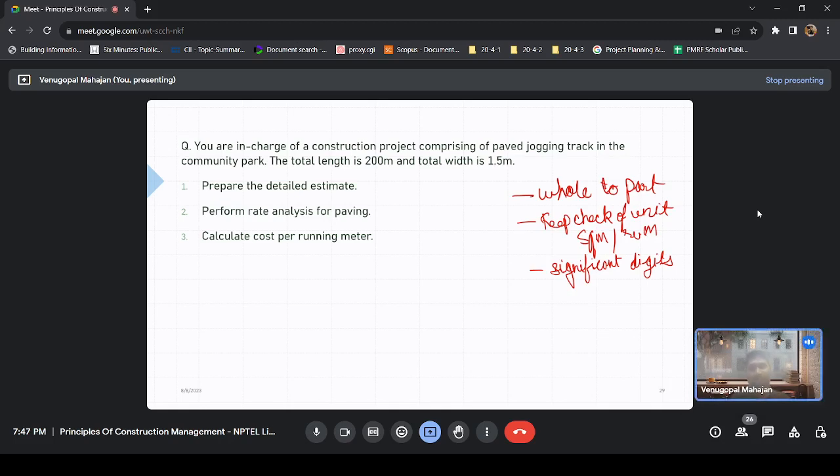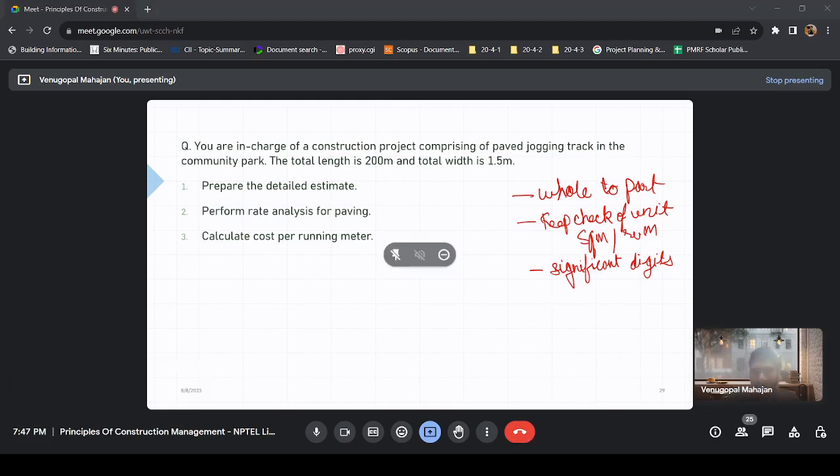Guys, try to make this quick, otherwise the session will get extended. Fixing of level, we need to know what level we are doing the pavement.